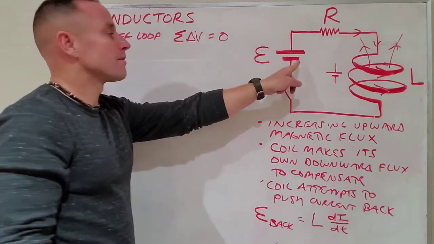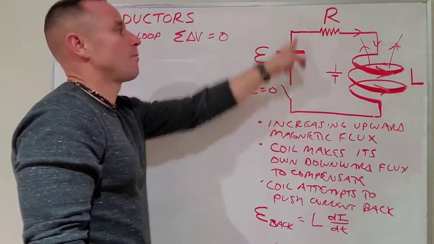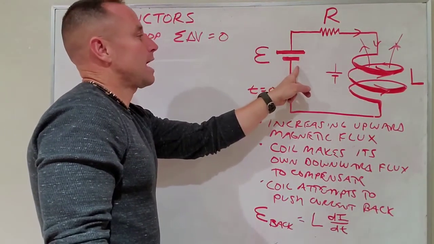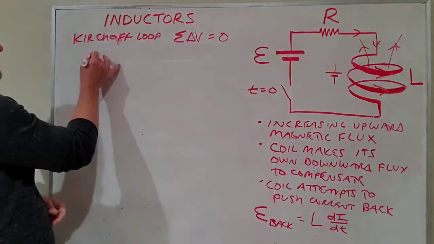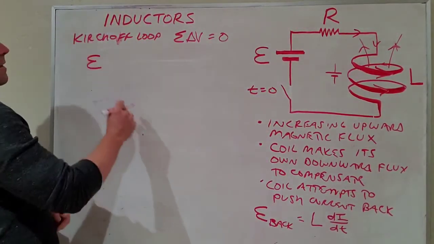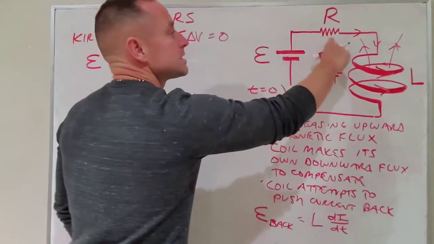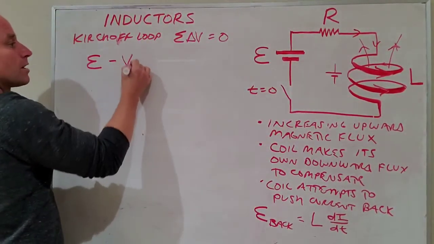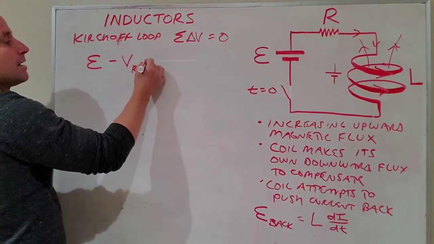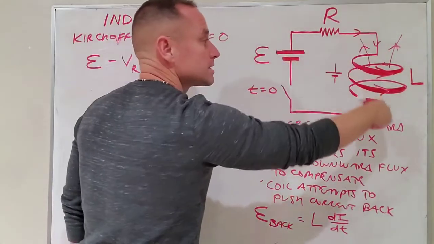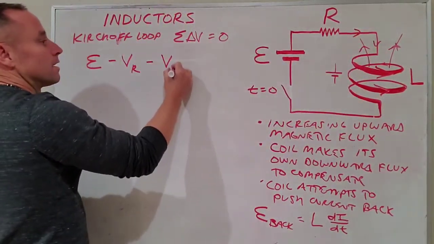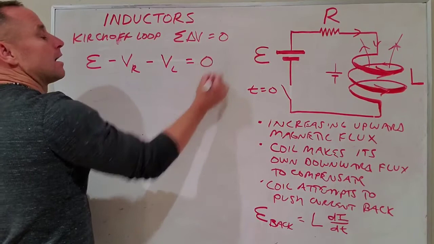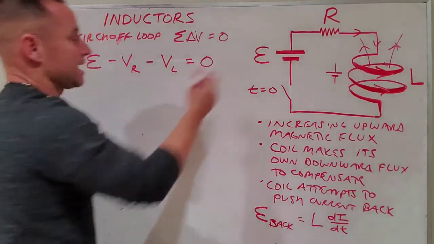Well, the first thing that you see, we'll say we start here and we walk around, you're going to have the battery voltage. Then you get to the resistor, so you'll have a voltage drop across the resistor, and you'll have a voltage drop across the inductor. And that sum needs to add to 0.